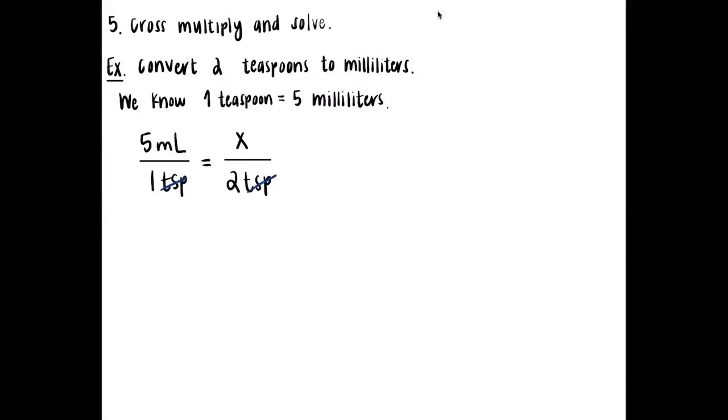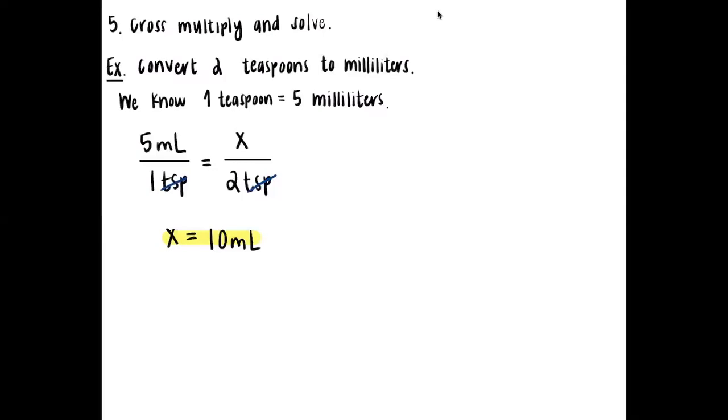My final answer will be in terms of milliliters because that is the desired unit that I want. And here in this case, then we can cross multiply. So we have 5 times 2 and 1 times x. Well, 1 times x is just x. And 5 times 2 is 10 milliliters. So there is our final answer.